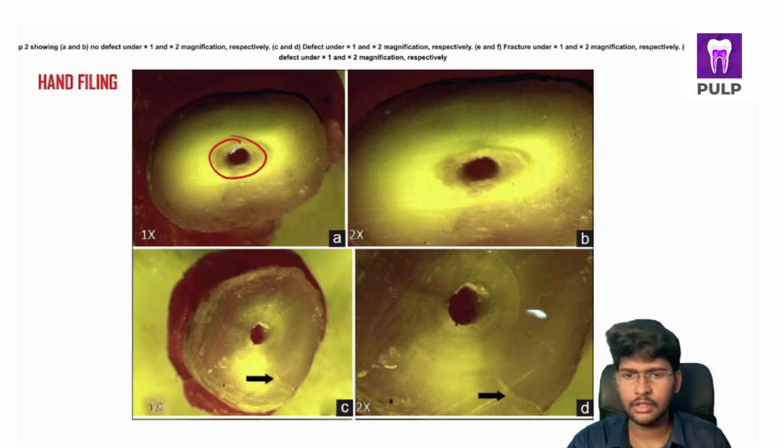Now we have a picture of a tooth structure, the orifice of a tooth structure. After hand filing, you can clearly appreciate the minimum amount of tooth structure removed at the orifice region. So this is the orifice. There is a very minimal amount of tooth structure that has been removed here.